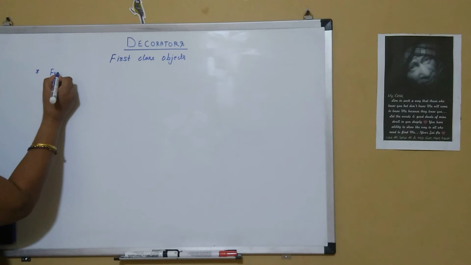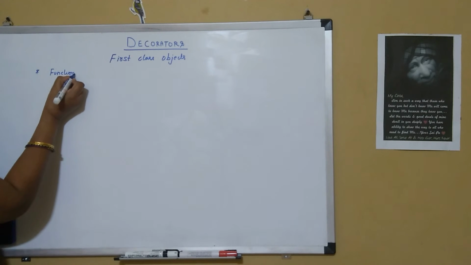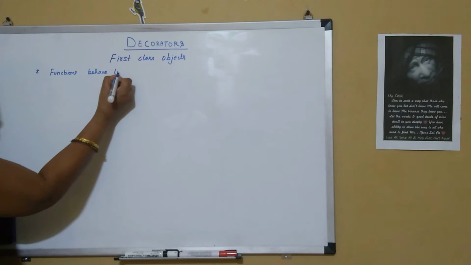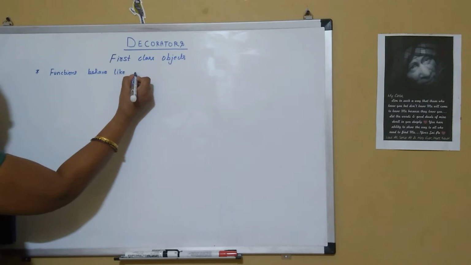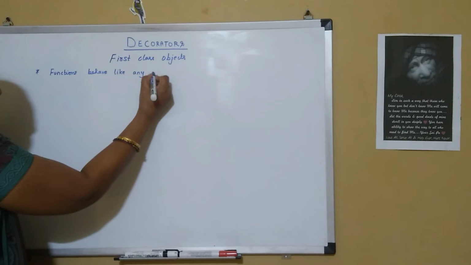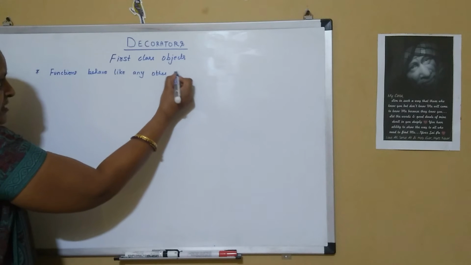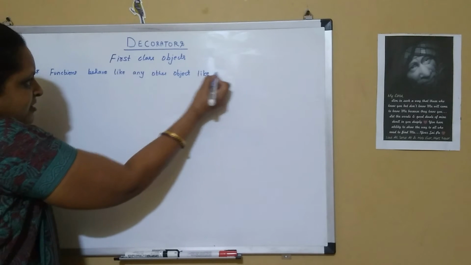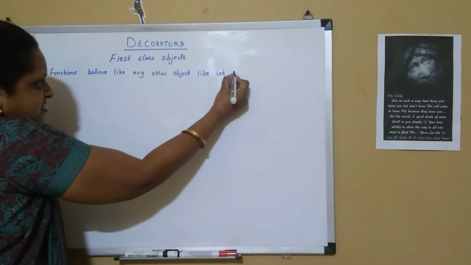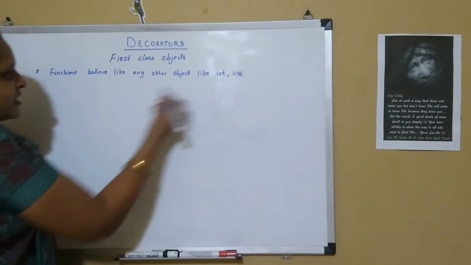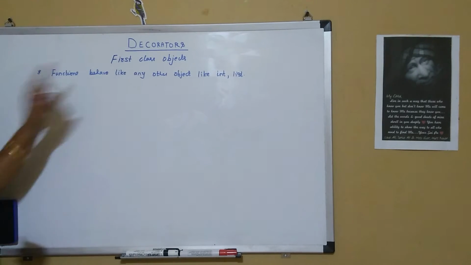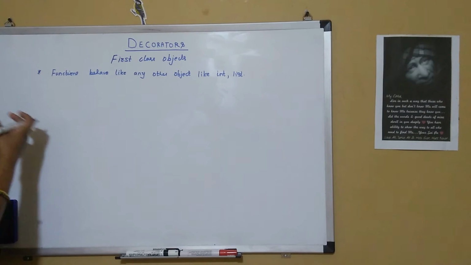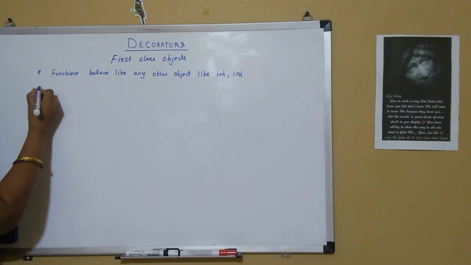Functions behave like any other object, like an int or a list. It behaves like an object in Python. Just like an int or a list, we can treat functions also as an object.